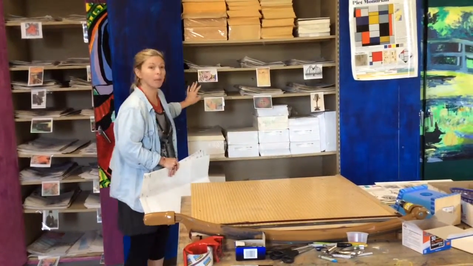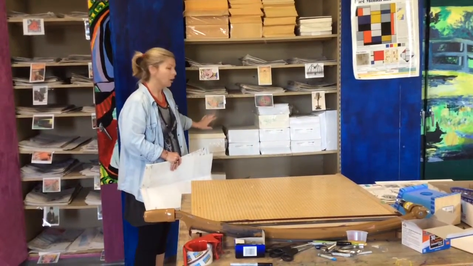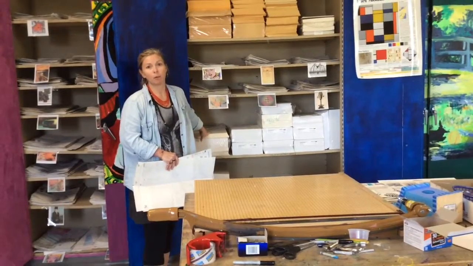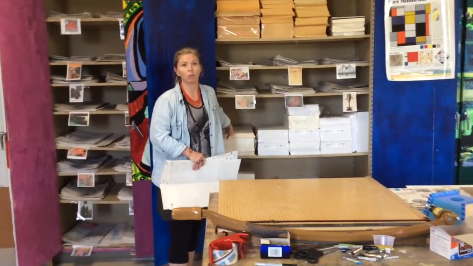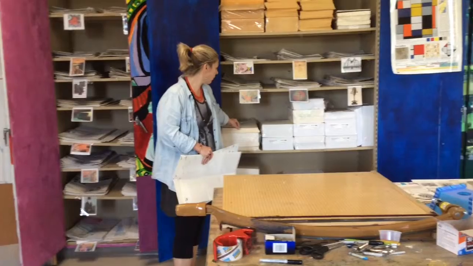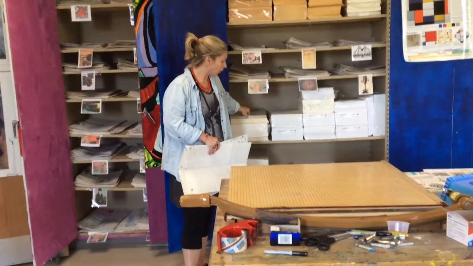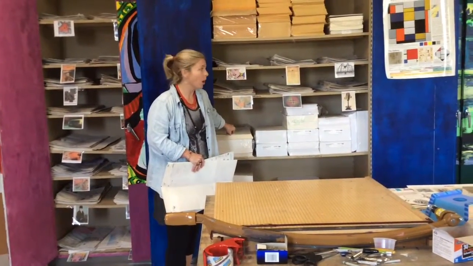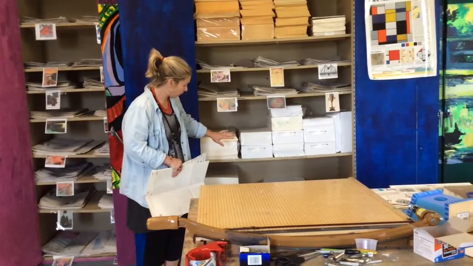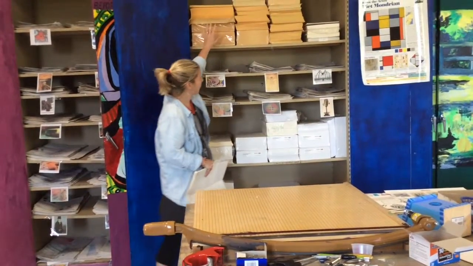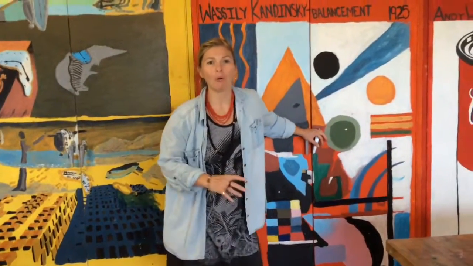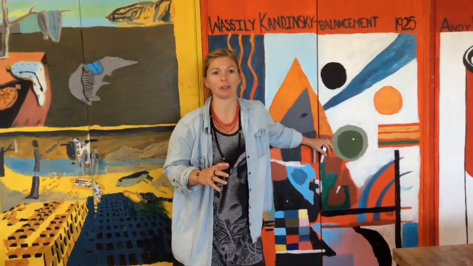This is also the paper cabinet, and artists make choices about what papers they use, just like what art medium they're going to use. So you might decide you want to use a larger or a smaller piece of white paper or manila paper.